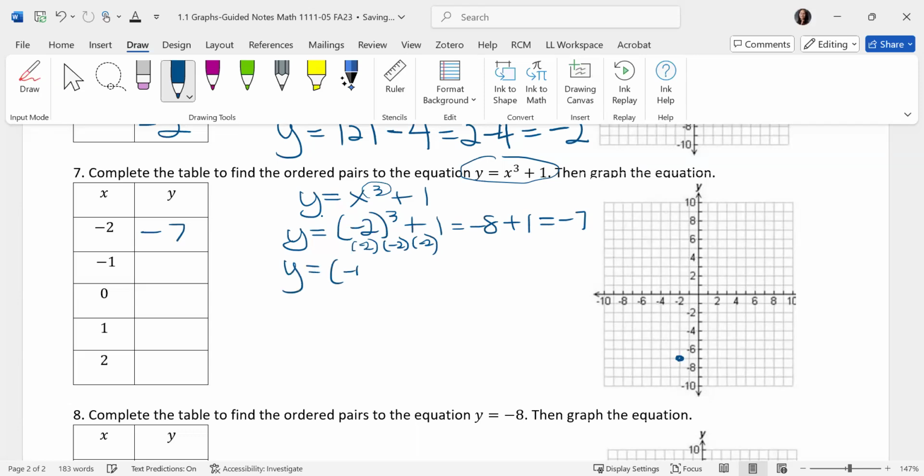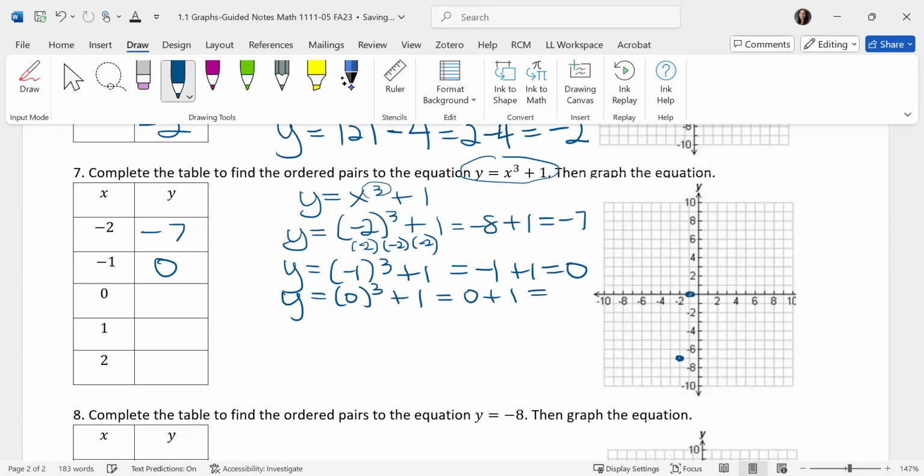Repeat, y equals -1 to the third plus 1. -1 times -1 times -1 is -1, plus 1 is 0. So at -1, we get 0. So y equals 0 to the third plus 1, 0 to any power is 0.